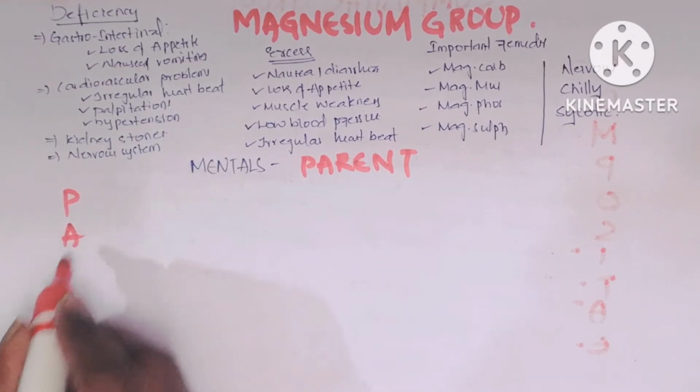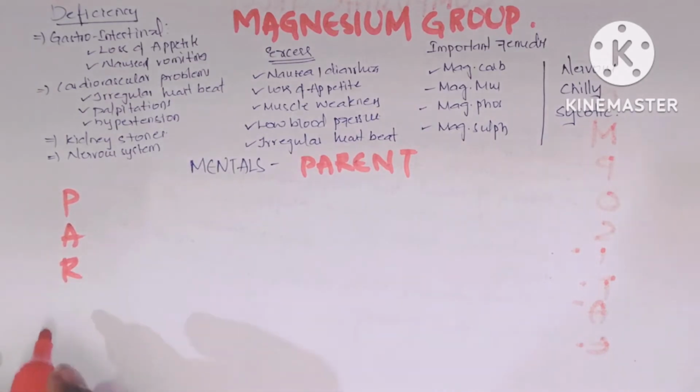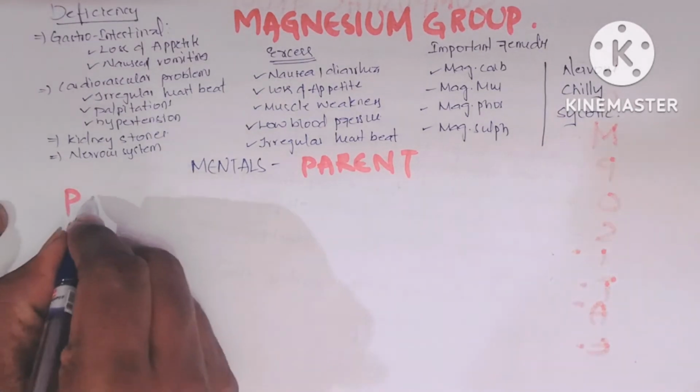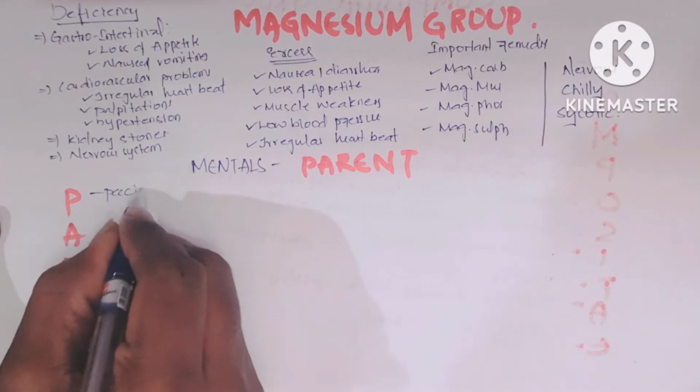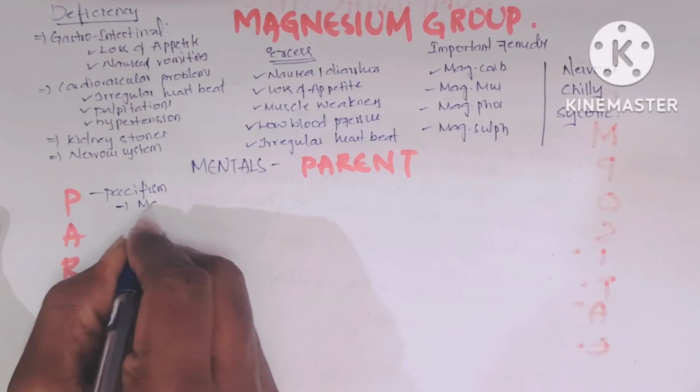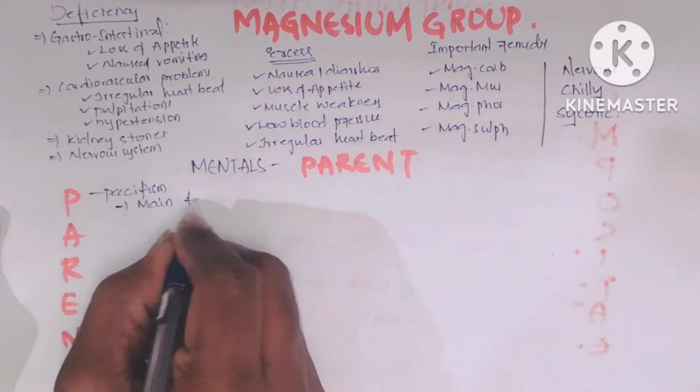P, A, R, E, N, T. P for pacifism. This is the main important feature of the magnesium group.